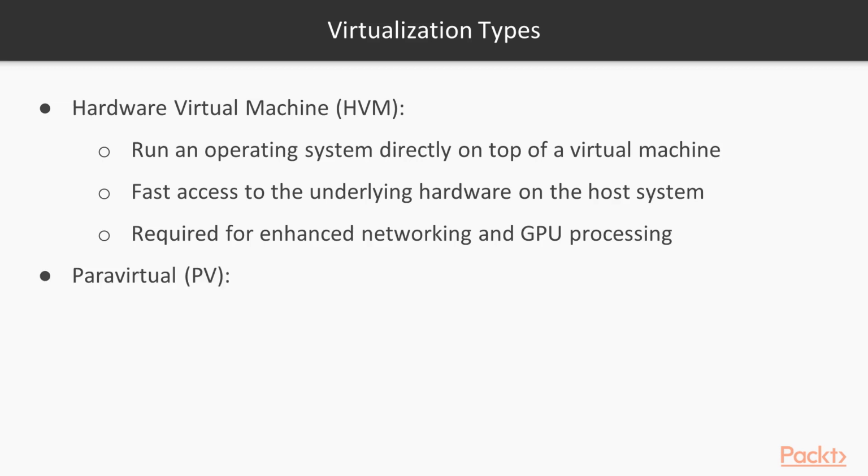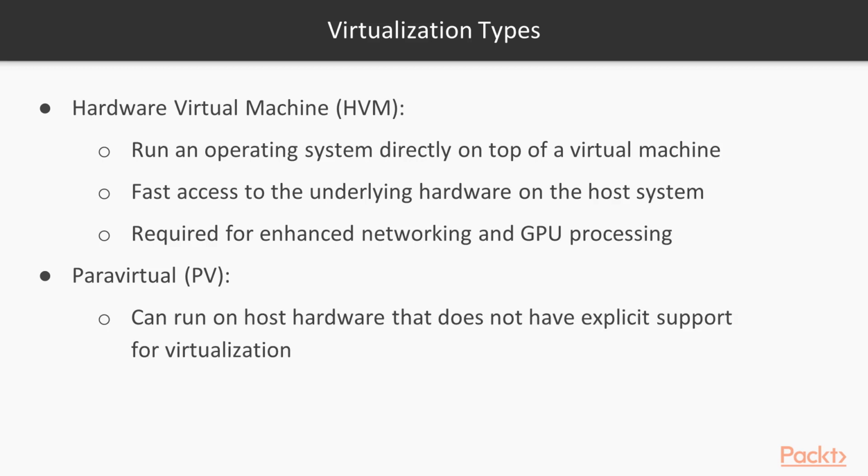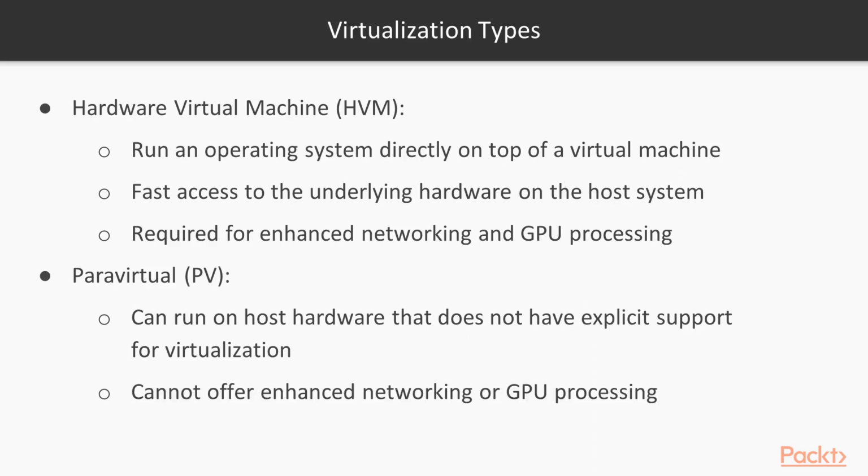Next, we have Paravirtual. Now, Paravirtual guests can run on host hardware that does not necessarily have explicit support for virtualization. However, they cannot offer enhanced networking or GPU processing. Now, in terms of which one to use, Paravirtual or HVM, well, historically, Paravirtual guests perform better with regards to storage and network because they could leverage special drivers for I/O, which avoided the overhead of emulating network and disk hardware.